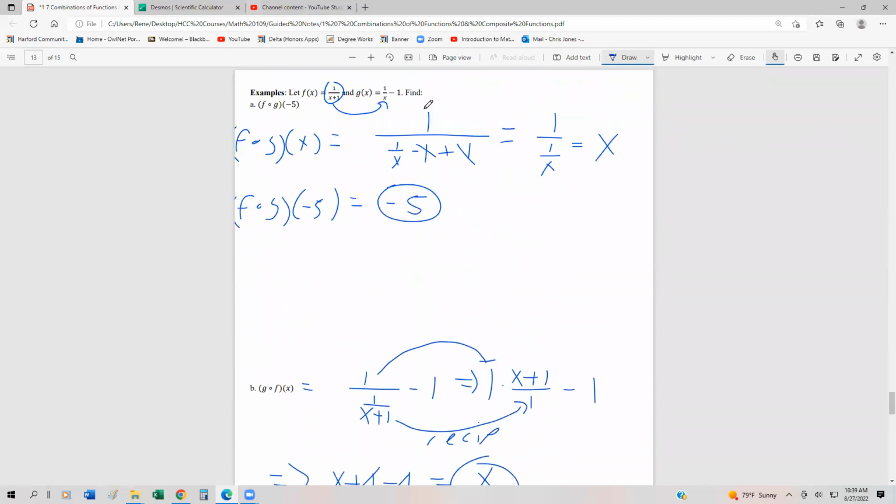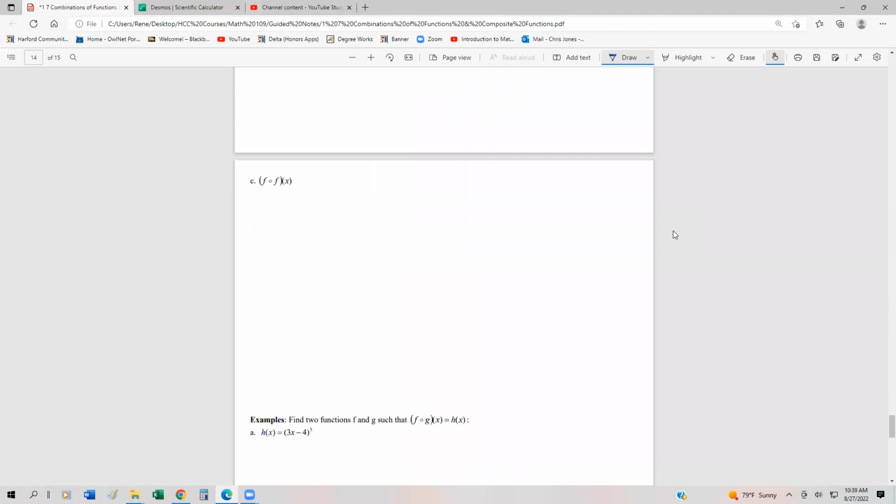The last one that we have is f at f at x. We're going to take this 1 over x plus 1 and substitute 1 over x plus 1 back in. This is going to be 1 over 1 over x plus 1, plus 1. This one's a little bit tougher to simplify because we need to get a common denominator of x plus 1. So this is going to be 1 over x plus 1, and whenever we have a 1, we could write that as x plus 1 over x plus 1.